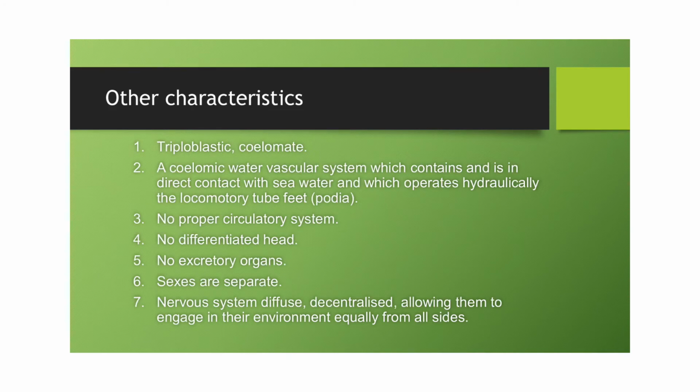These are the other characteristics of echinoderms. They are triploblastic. They don't have a proper circulatory system. Their systems are open. No differentiated head, no anterior, no posterior, but instead they have a top and also a bottom part of the body. They don't have excretory organs. They don't have gills, but they excrete waste through diffusion and sometimes through the tube feet. They have separate sexes.